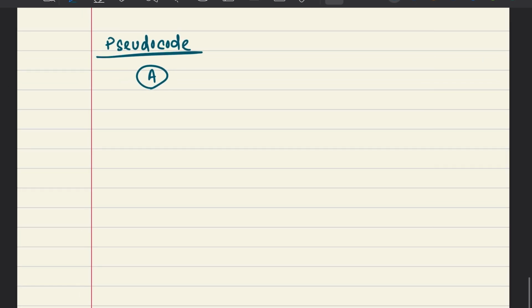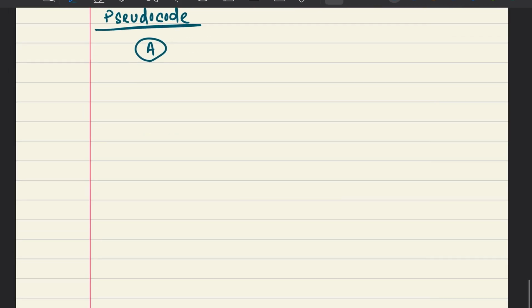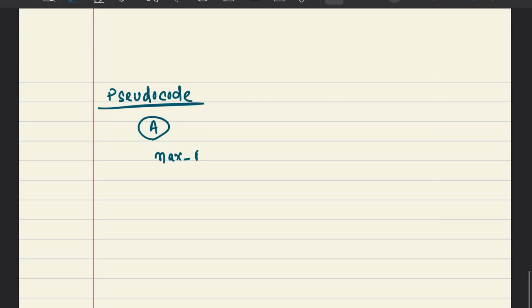Okay, so now let's write the pseudocode. We are given one array. Here we have to find these four things basically, right? So let's say max plus, min plus, and then max minus and min minus.